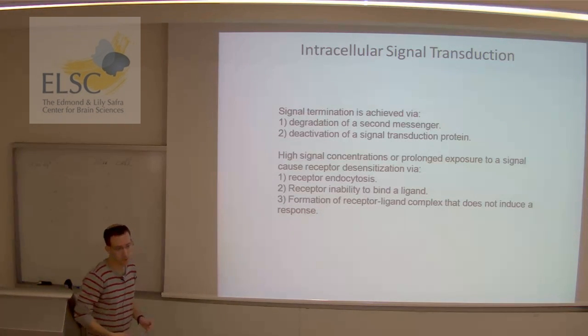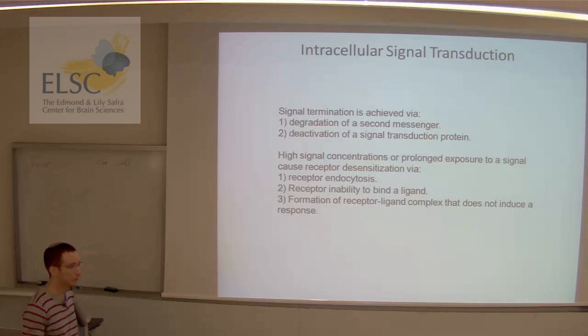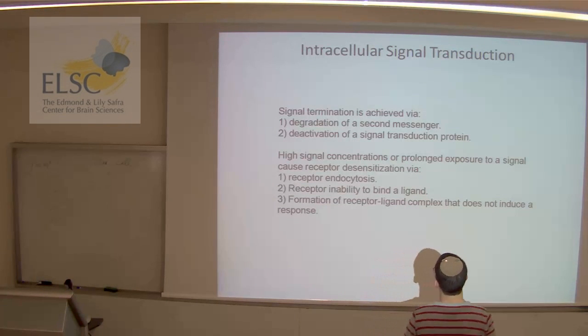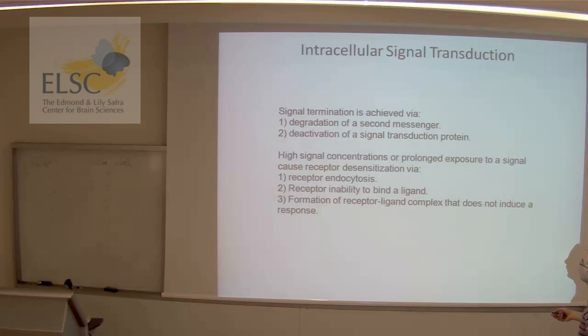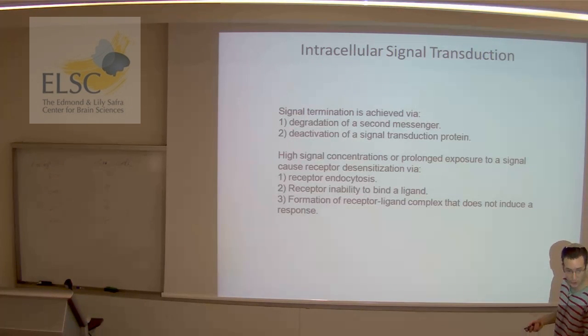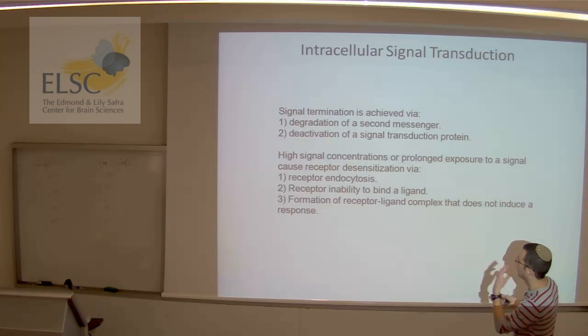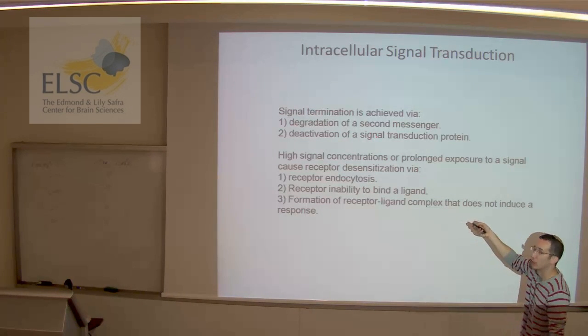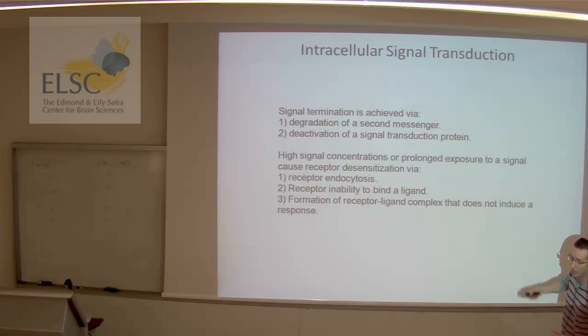Okay, we've discussed signal termination at the synapse, but in signal transduction that goes through G protein coupled receptors, you can have signal termination by degradation of a second messenger. That will terminate the signal. Or by deactivation of any component in the signal transduction pathway, but not the receptor.